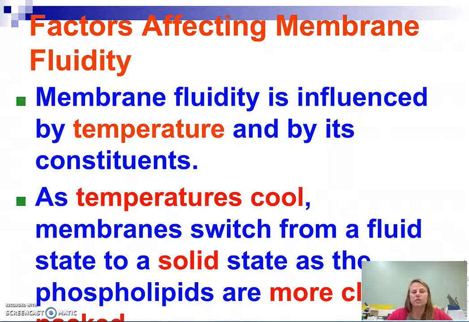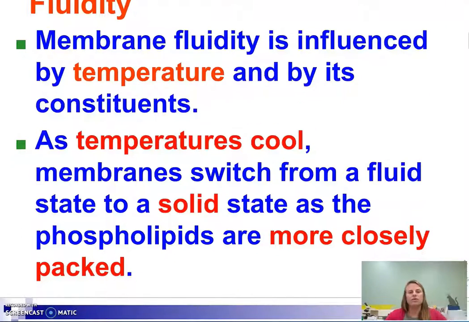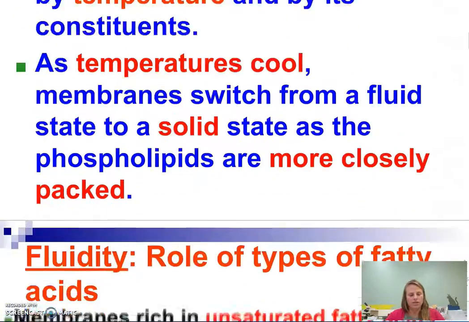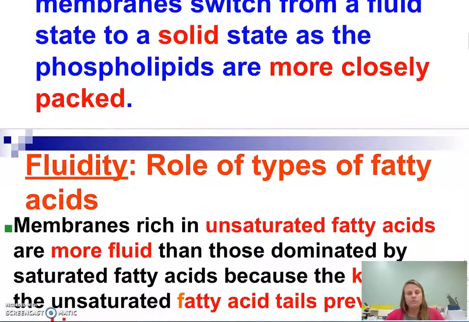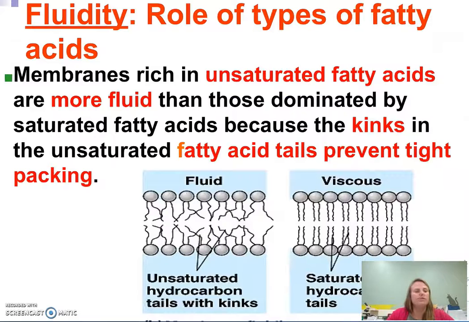For example, temperature. As temperatures cool, my phospholipid tails are more closely packed, so the membrane becomes more solid. Furthermore, it depends on the type of fatty acid that's in the phospholipid tail.